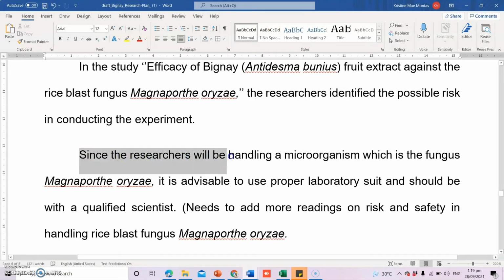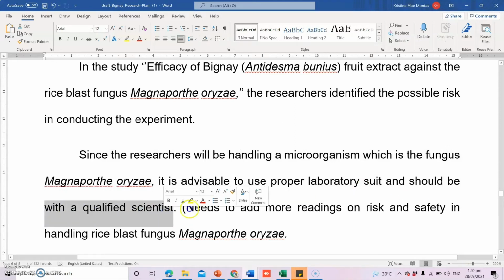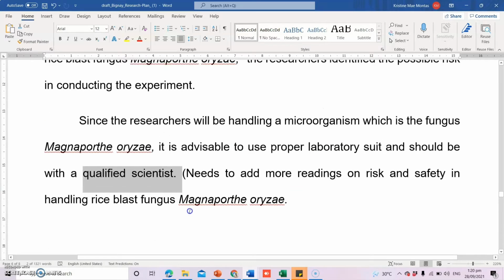Sabi dito, since the researchers will be handling a microorganism which is a fungus, Magnaporthe oryzae, it is advisable to use proper laboratory suit and should be with qualified scientists. Syempre kailangan ng qualified scientists kasi sila yung mas nakakaalam tungkol dun sa microorganism na to. And needs to add more readings on risk and safety in handling rice blast fungus.